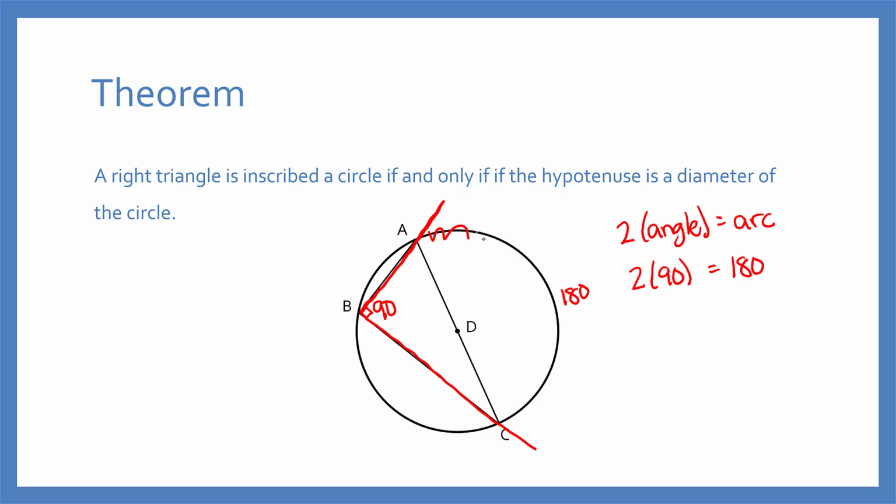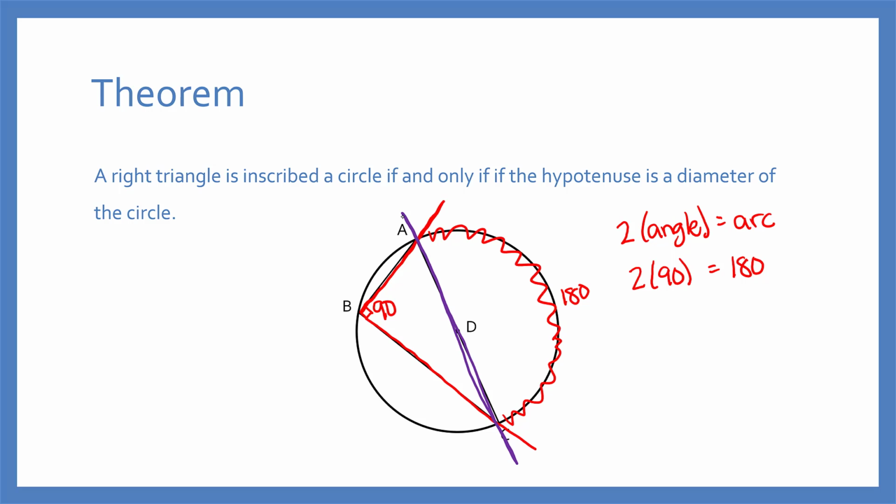So this arc out here is 180 degrees, but 180 degrees is half of the circle. And half of a circle is only created by having a diameter, which means AC would have to be a diameter, dividing my circle in half.